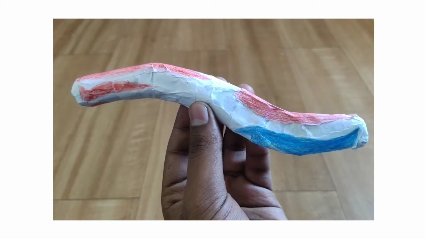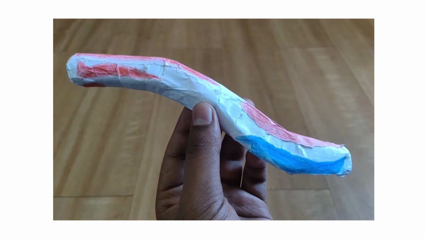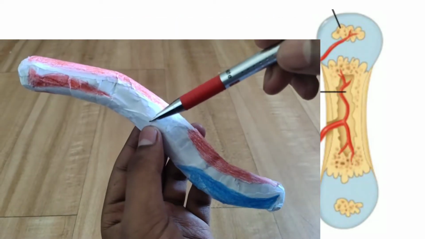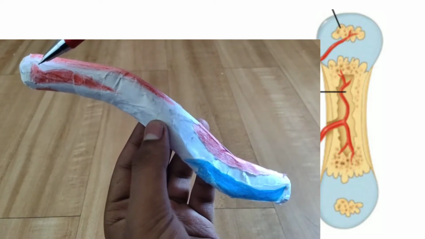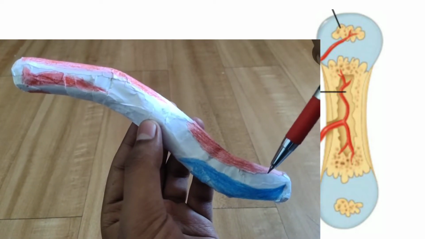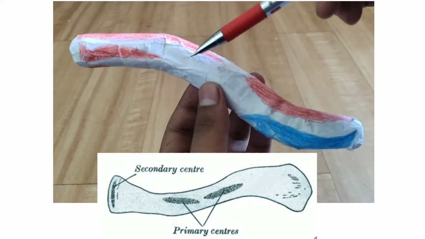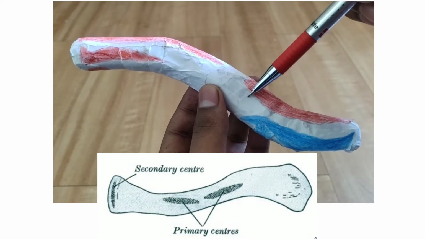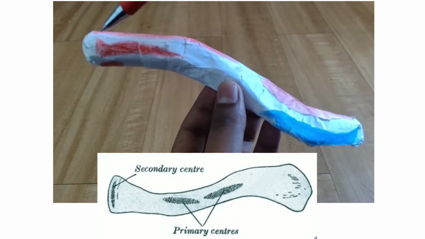Now let's see some points about ossification. Generally, the long bones will have 1 primary center in the shaft and 2 secondary centers in both the ends. But it is different in the clavicle. The clavicle will have 2 primary centers in the shaft and only 1 secondary center in the sternal end, that is medial end.